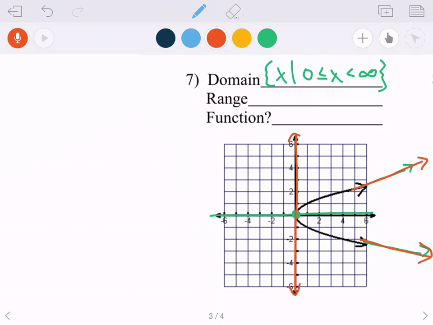So every single y value is included. You're going to see this representation, the answer that I'm just doing in the range right there, a lot of times, as you can tell. And that's just another way of writing all real numbers. So y is greater than negative infinity but less than positive infinity.